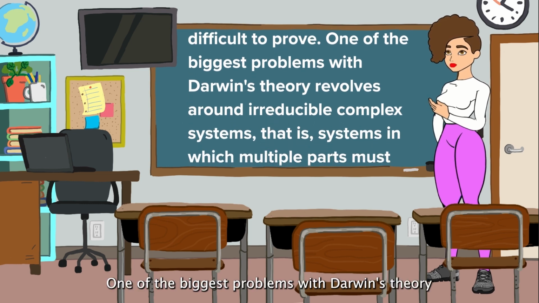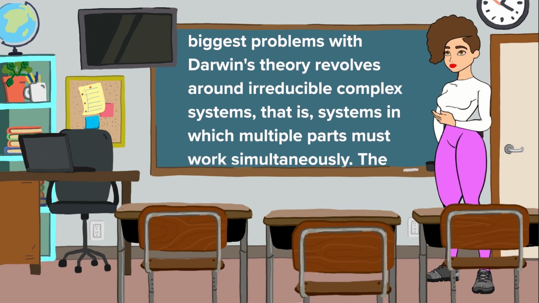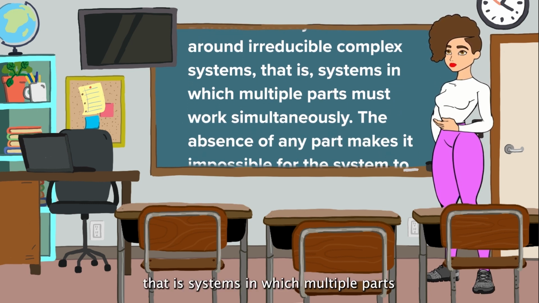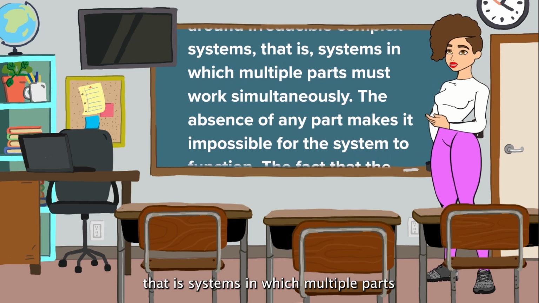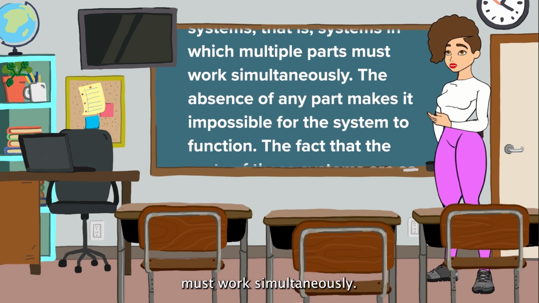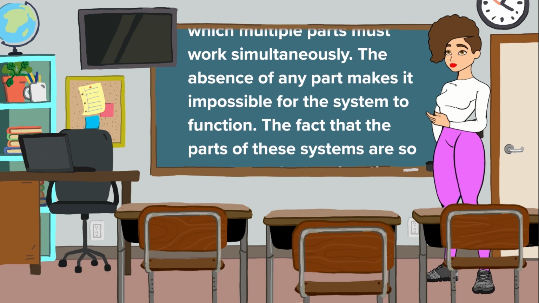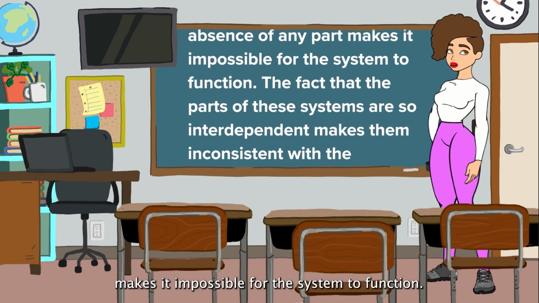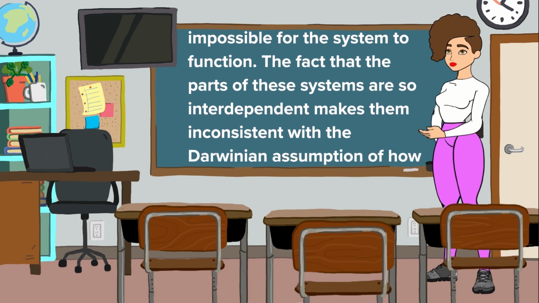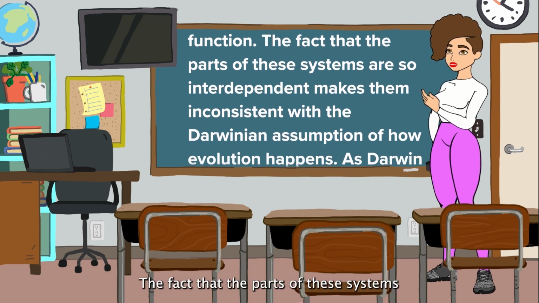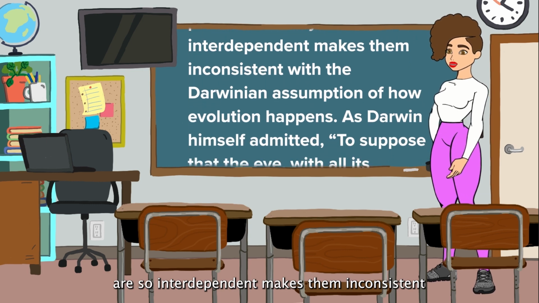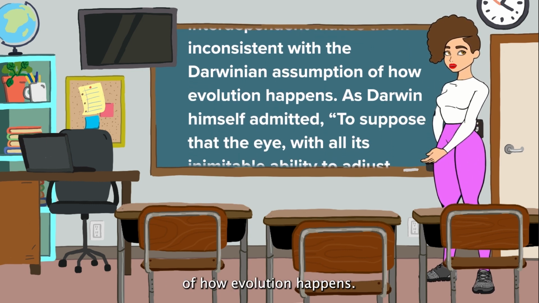One of the biggest problems with Darwin's theory revolves around irreducible complex systems, that is, systems in which multiple parts must work simultaneously. The absence of any part makes it impossible for the system to function.